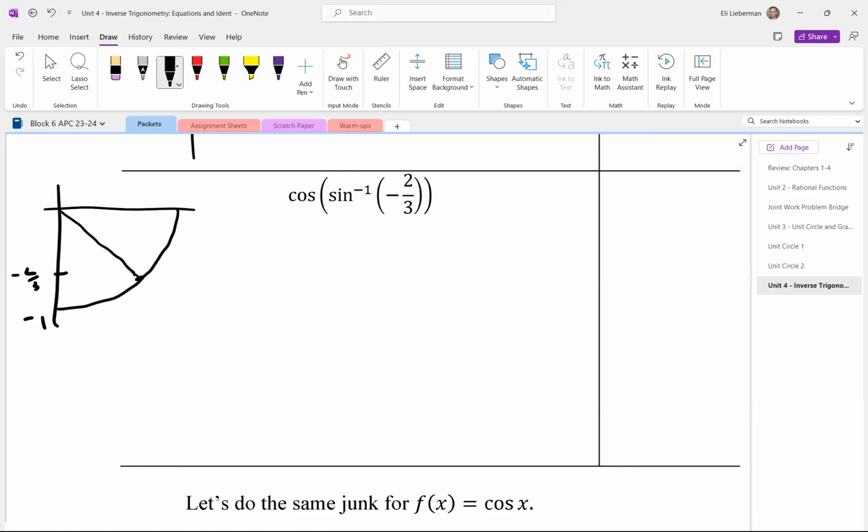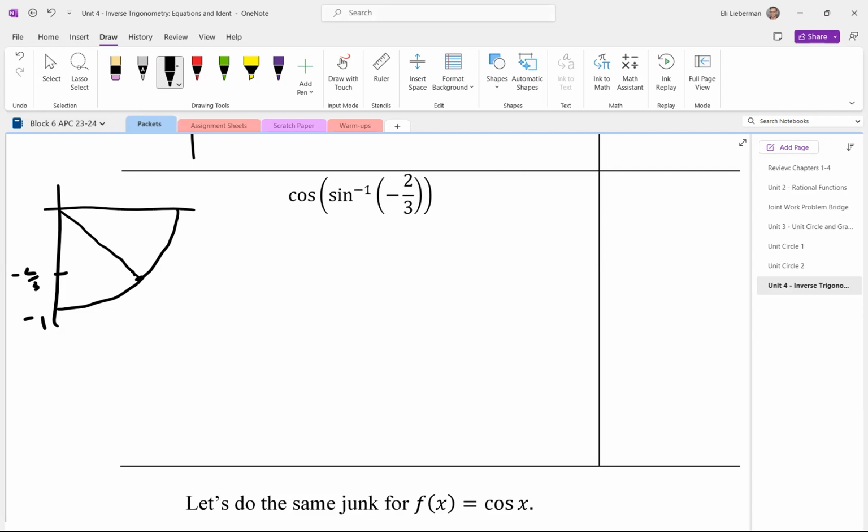This is -1, and 2/3 of that. But I'm looking for the angle without the y coordinate. Remember, the y coordinate is the sine. You're talking about the angle whose sine value is -2/3. Good question. Anytime you say angle, that's why I highlighted that y value.